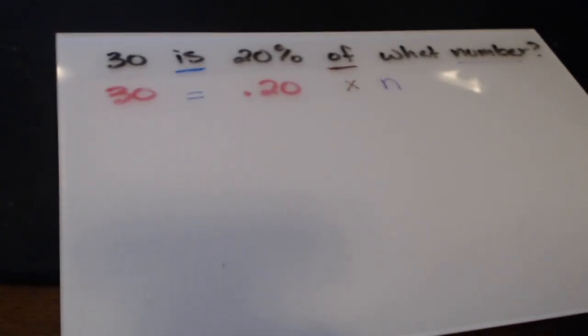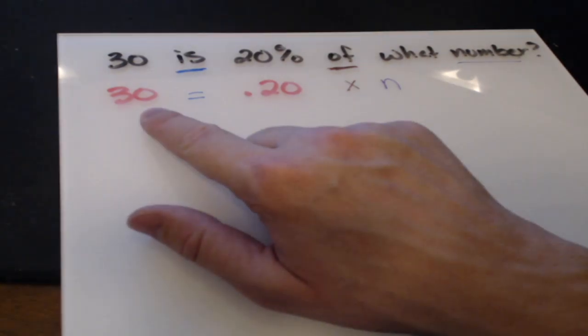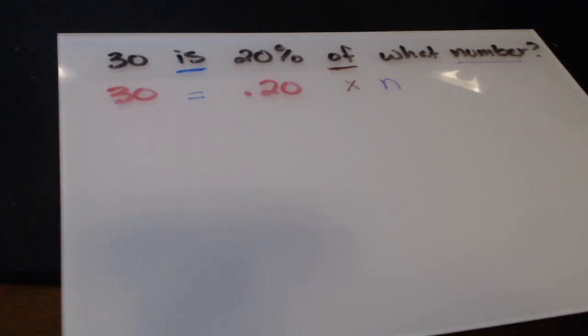We know that, and we have to say, okay, I have 30 equals 0.20 times n, and I want to solve for n. So how do I solve for n? I'm going to give you all a second to think about that, because you should have something in your mind already. If you are looking for n, you need to do the opposite operation. Since we are multiplying, that means we need to divide.